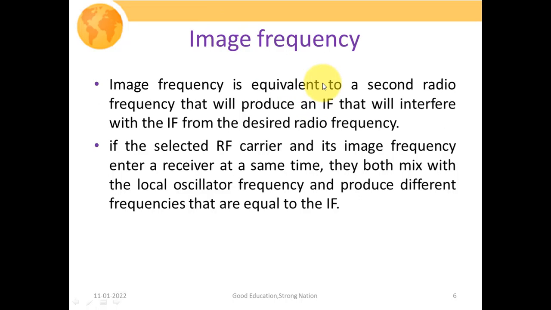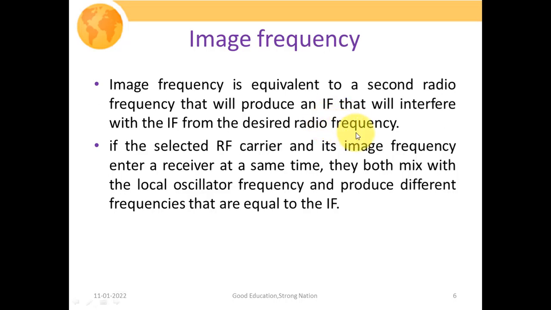Next is image frequency. Image frequency is equivalent to a second radio frequency that will produce an intermediate frequency that will interfere with the IF from the desired radio frequency. The point is, image frequency is another frequency which produces the same impact as the desirable message signal. It produces a sort of interference which affects the signal quality.